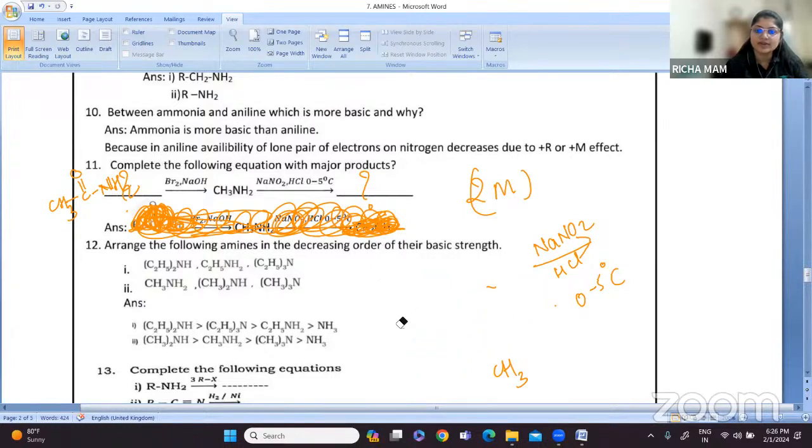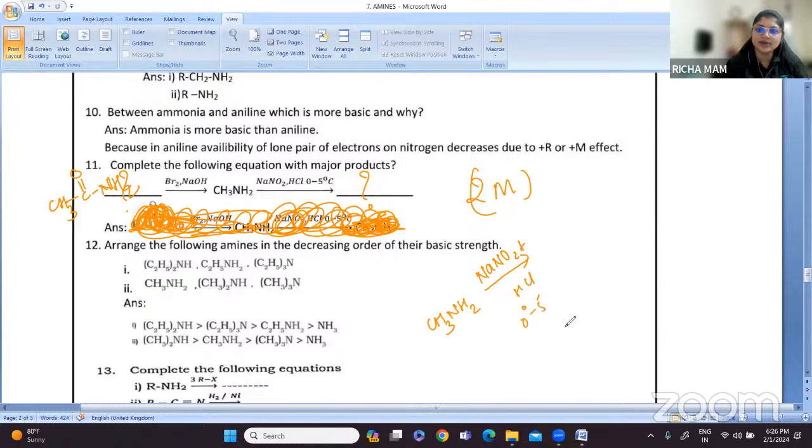What they have given here is CH3NH2, and you are doing diazotization with NaNO2 plus HCl. When you treat NaNO2 with HCl, you get nitrous acid, HNO2. Then you get CH3N triple bond N plus Cl minus.